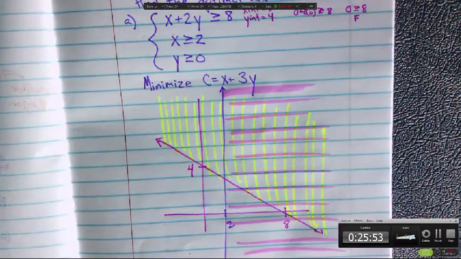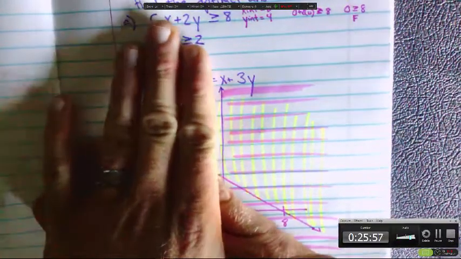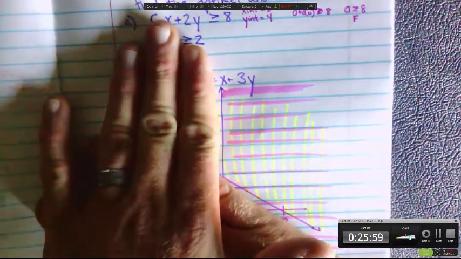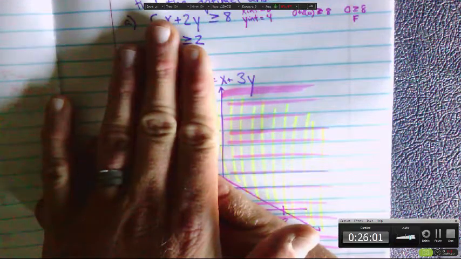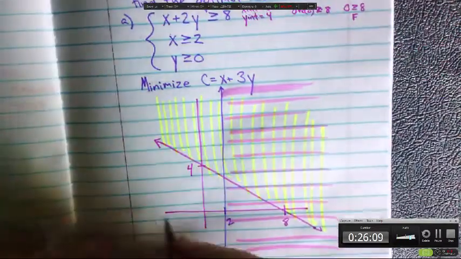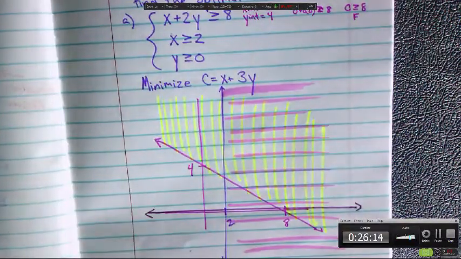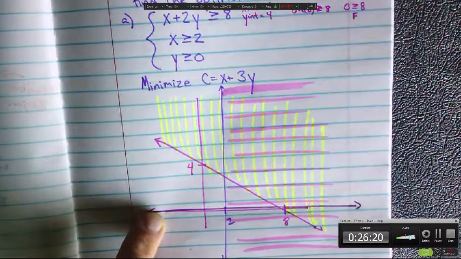So far, here's what we're talking about. Our feasible region is this region, right? That's the region that satisfies both inequalities. Now the last one, y is greater than or equal to 0. That's a horizontal line at 0. That's this line. And then we're going to shade everything above or below?